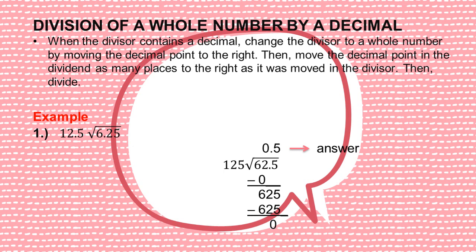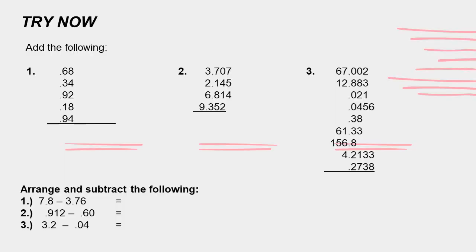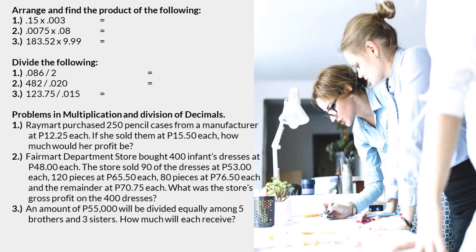So, 625 minus 625 is 0. Now, our final answer in this example is 0.5. Okay, so let's try at home and answer and send to me Doodle or Messenger this try now.